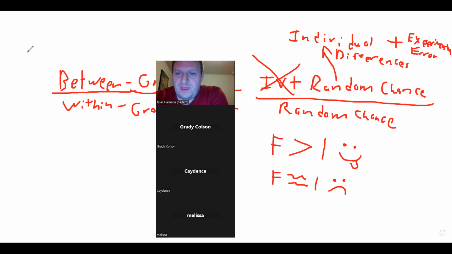They are present within groups, but if we look between groups, there are different people in both of these conditions, so there are individual differences there. There's also experimental error between groups as to why people might differ. But the critical thing is that we've got the variability due to the independent variable. Oh, okay, that makes sense. I hope that makes sense.